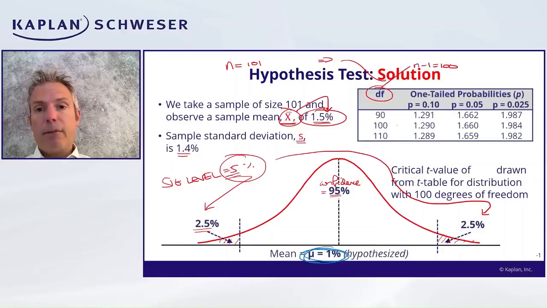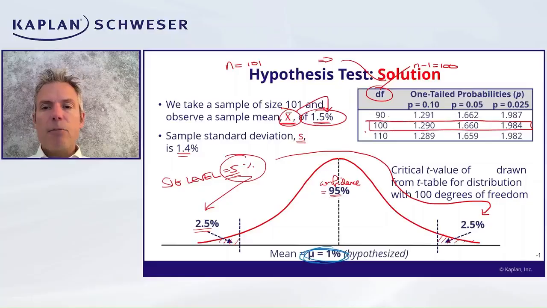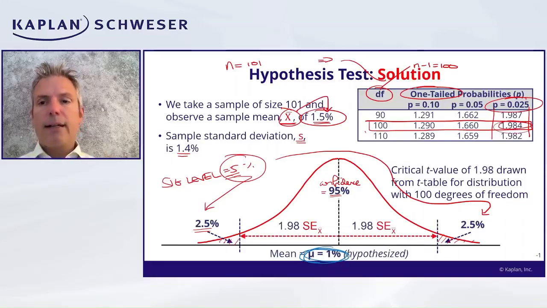So when we think about getting a t-value, we're interested in this row. And when we think about the error in one tail, be careful to read what you've got. In each of these tails, you've got 2.5%. It's telling you the distance to go either side of the mean to isolate 2.5% in a single tail, right? So there it is, 1.984. That is the critical t-value we're going to use in our test.